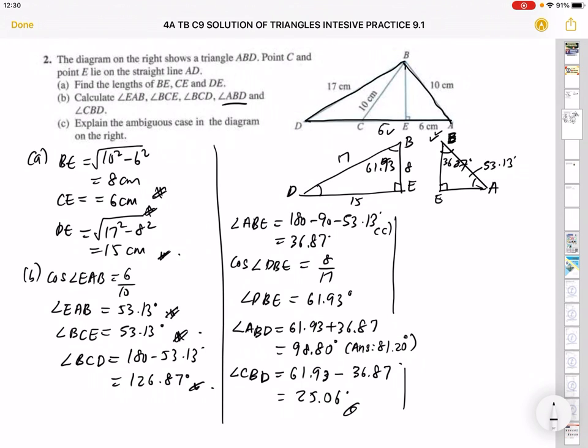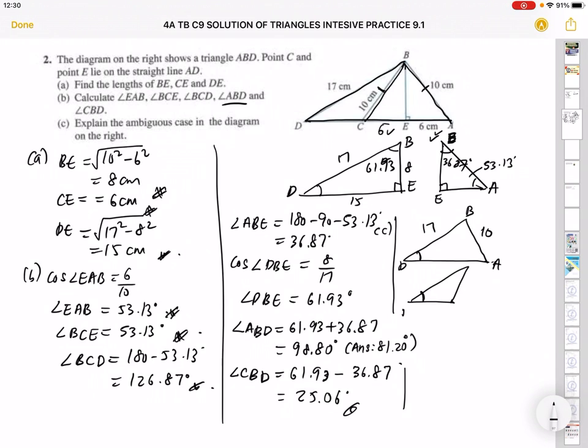So for this triangle here, let me redraw for you. This is B, D, and this is A. The measurement is 10, 17, and you can see this angle is the same. Now we don't need to find this angle, not necessary. But for the second triangle, if you take this and flip it inside, can you see there's another one that has the same angle here.